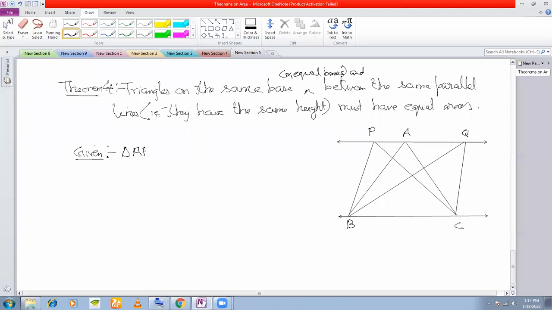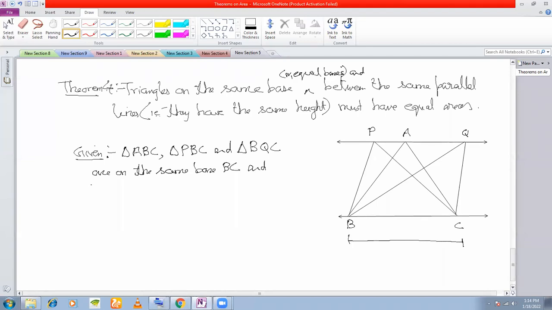Triangle ABC, triangle PBC, and triangle BQC are on the same base. What is the base here? This is the base, right? They are on the same base and between what parallel lines? PQ parallel to BC, right?